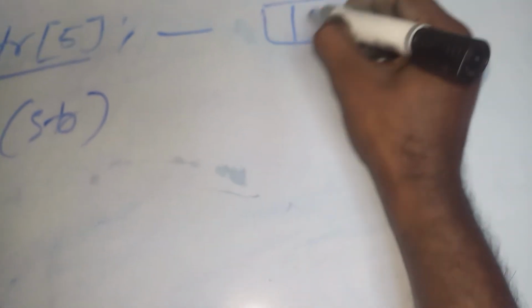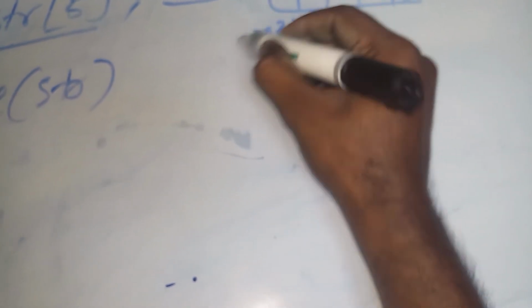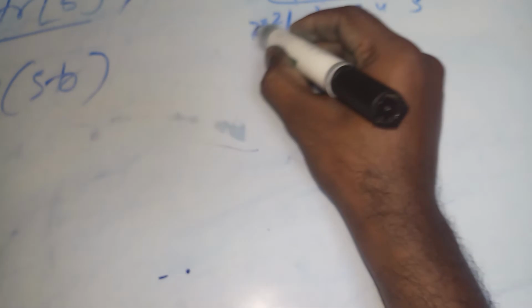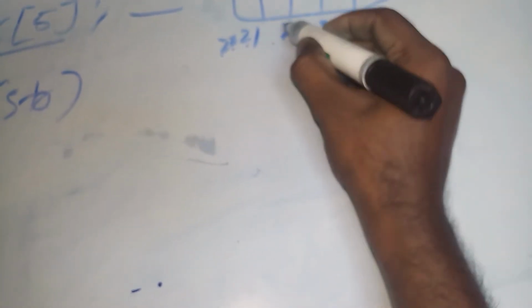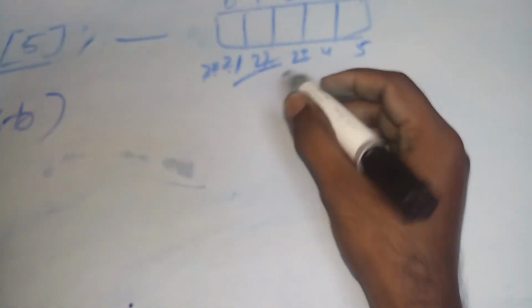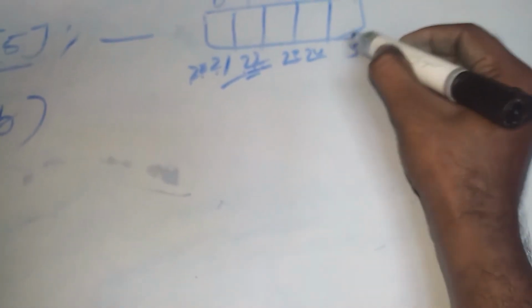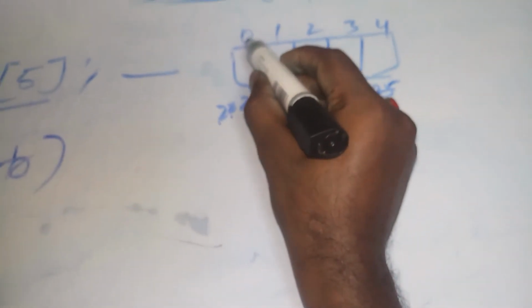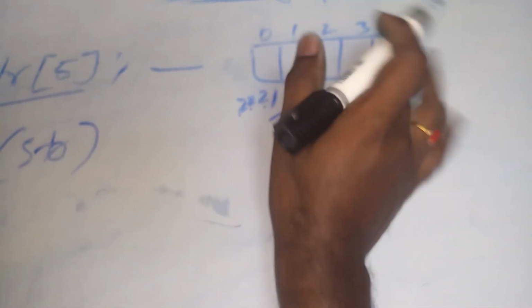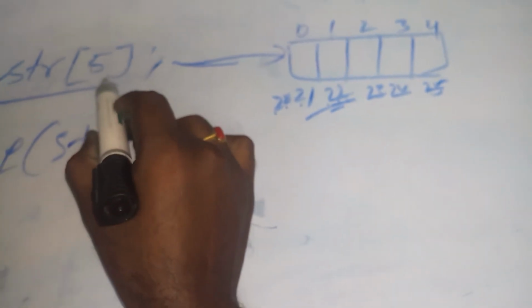Like this: 0th location, 1st location, 2nd location, 3rd location and 4th location. Everything has an address, like 2021, 2022, 2023, 2024, 2025. These are the 5 locations of this representation.